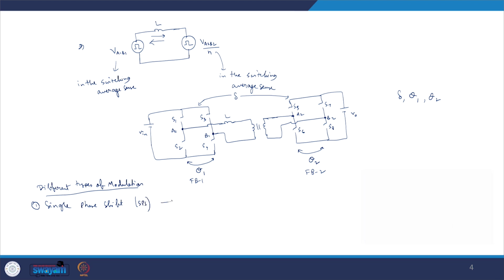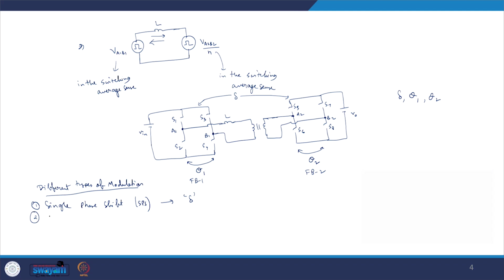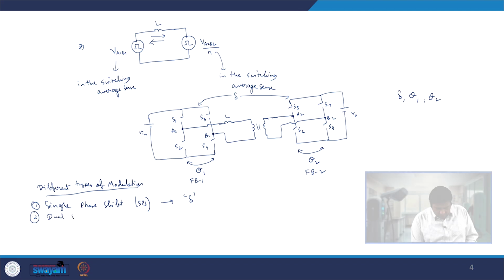In this, only one phase shift will be changed. Mostly it will be delta that is being changed, and by controlling this delta value, one can control the power flow going from A1 B1 to A2 B2 or from A2 B2 to A1 B1.